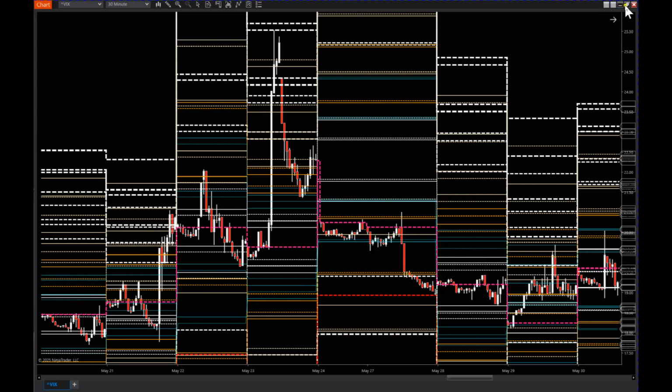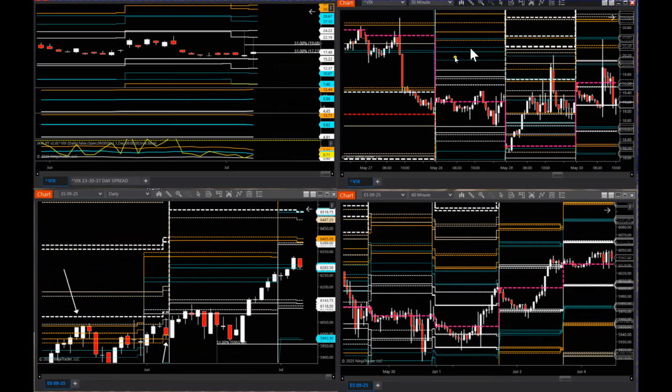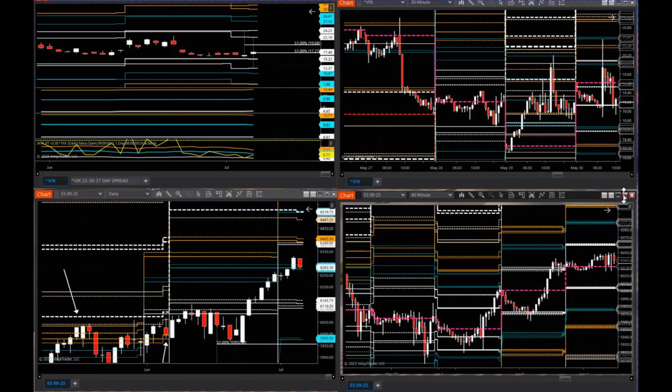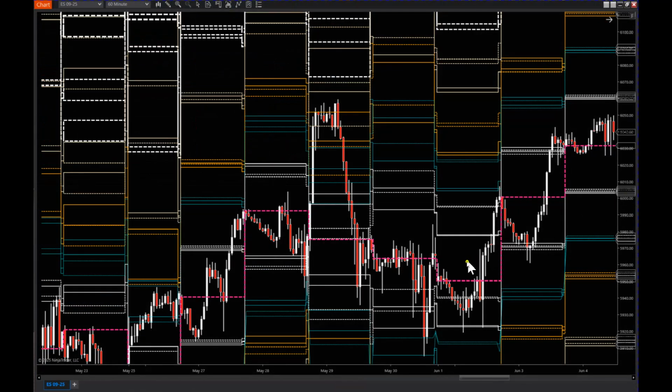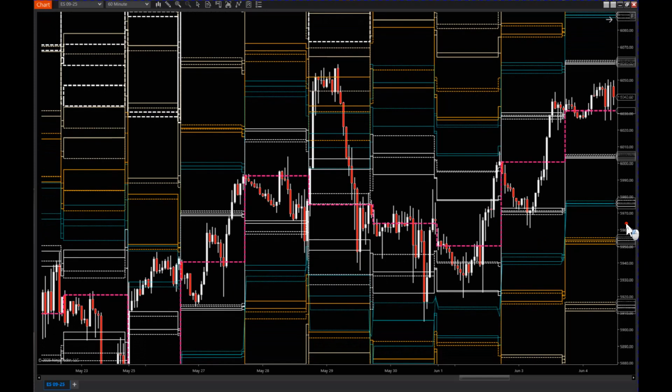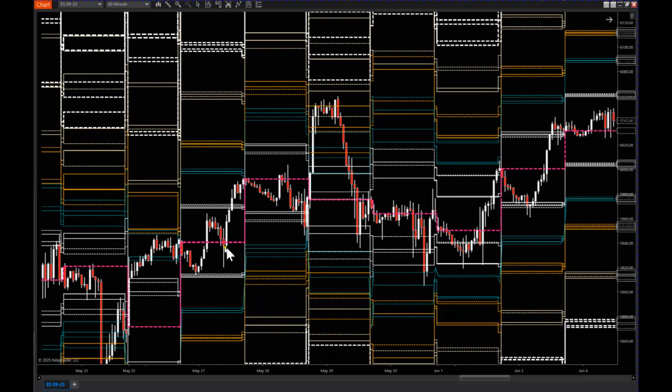So if you look at your ES chart for that time period and take a look at what ES did, May 27th and 28th, it stayed inside 68% of the range.